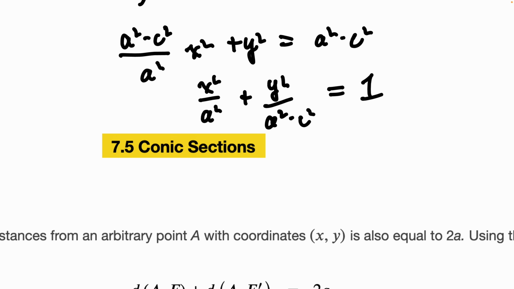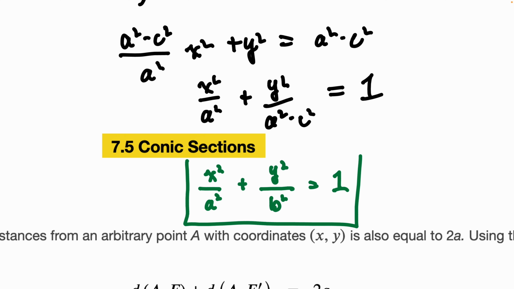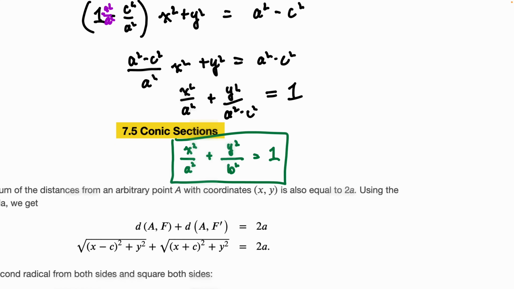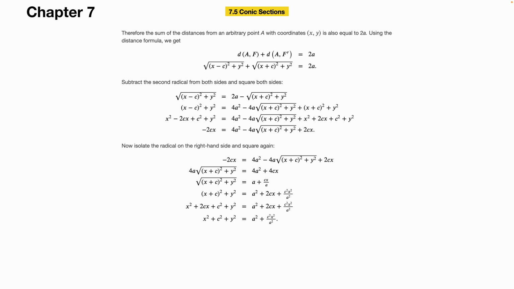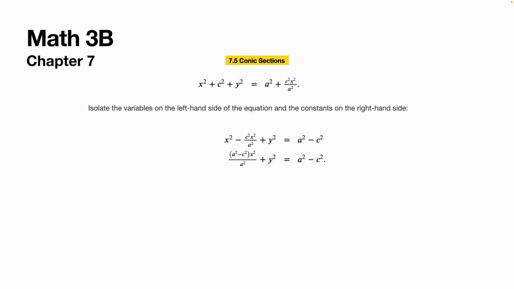So copy that down. First term unchanged. Second term has an updated denominator, b squared. Right-hand side, all good. Okay, nice. Let's go ahead. This is just all the computations that we've done already.